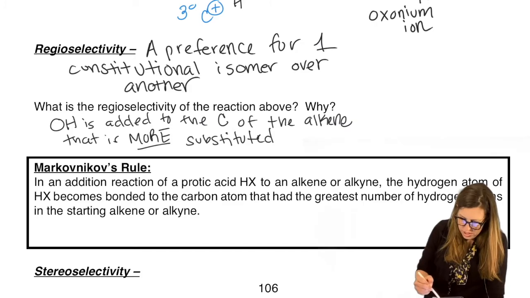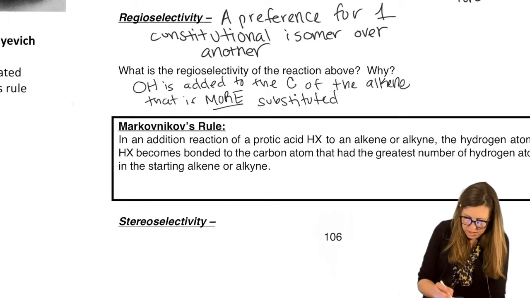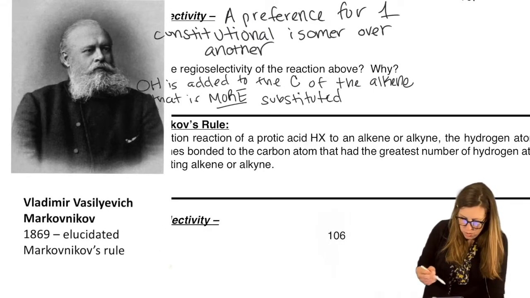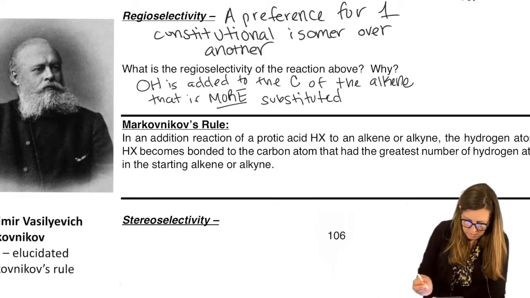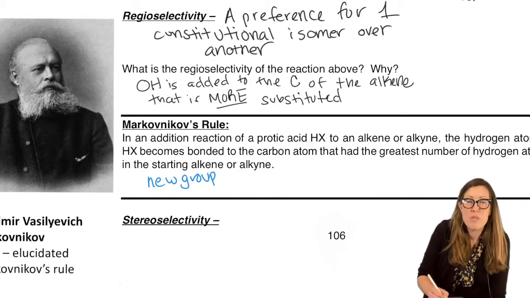But it actually is meant to simplify. So let's see if we can summarize this a little bit more succinctly. Okay, so in other words, the new group, which is always the nucleophile, right?